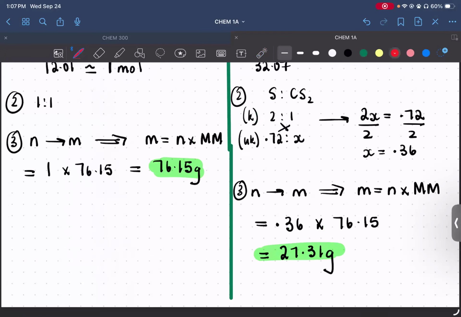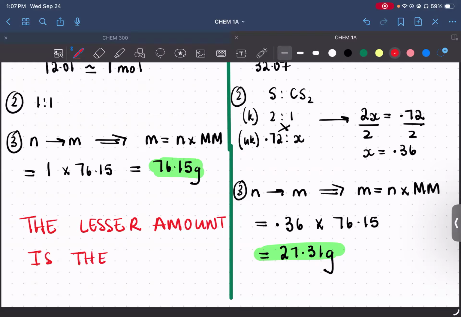Here's where I'm going to put it right here. The lesser amount is the theoretical yield.